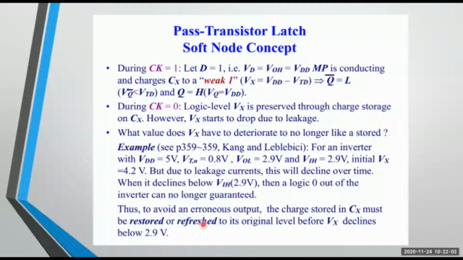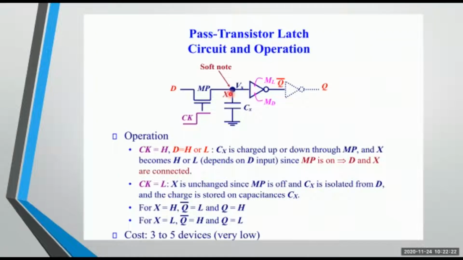So how to avoid this kind of erroneous output is that the charge stored in the capacitor Cx must be restored or refreshed to its original level before Vx declines below 2.9. Means before this X node goes below 2.9, you should be in a position to charge up this particular transistor.